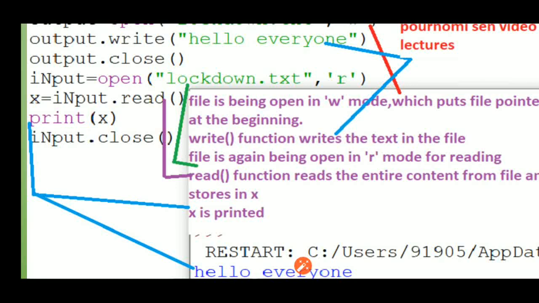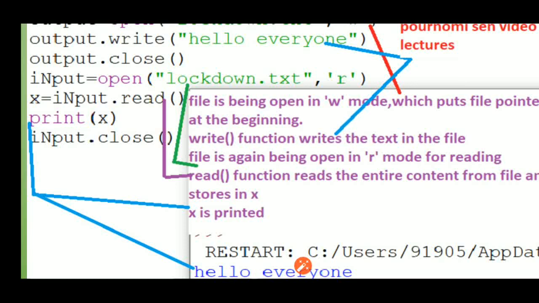What happens in reading mode? The file will be opened, but the previous content will be intact, and the file pointer will point at the beginning of the file. After that, x is another variable that we have taken. X equals to input.read. Read is a function that reads the content of a file.